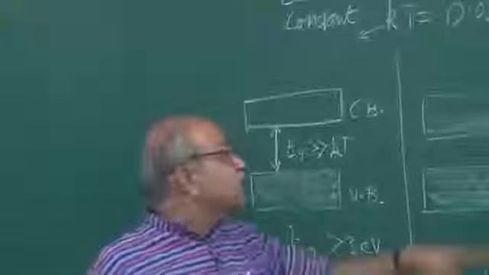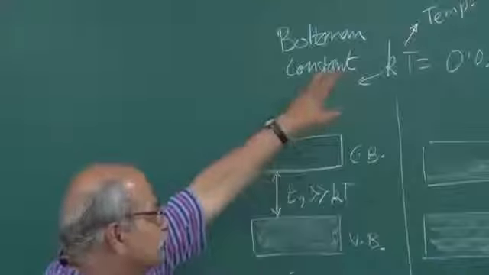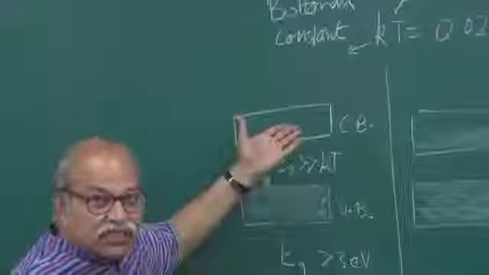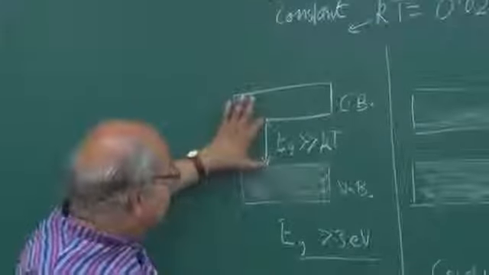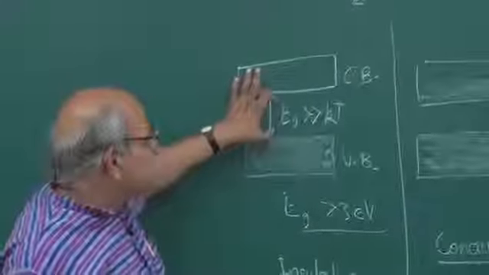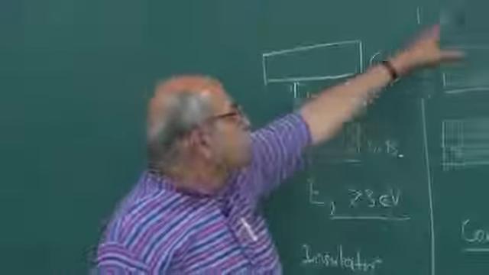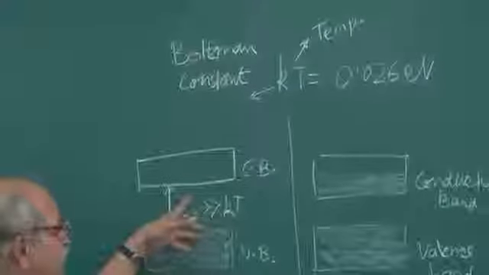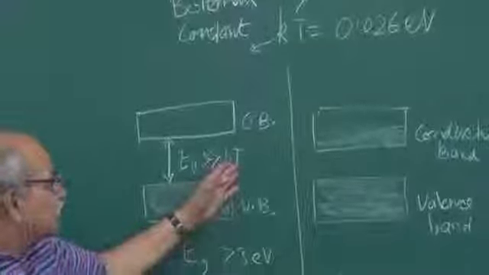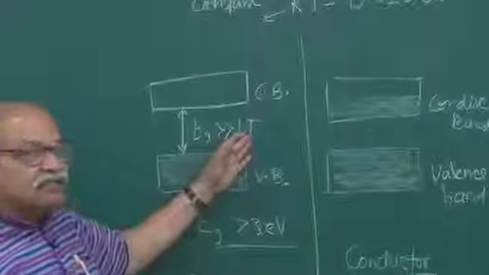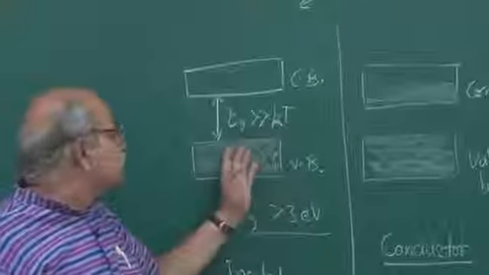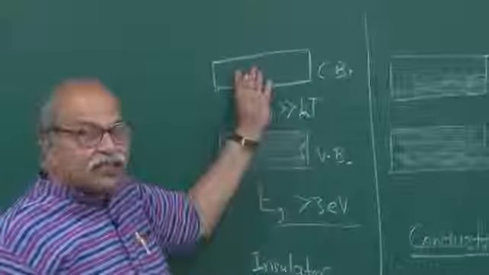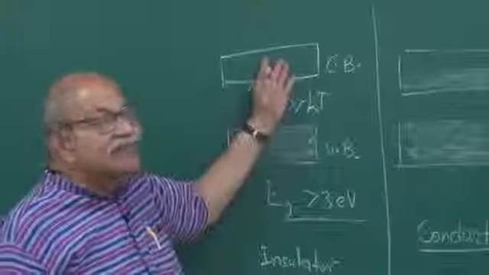So the average is this, but you do have some events in which the thermal energy can be much larger. But if this gap is very large, 100 times kT, that will be 2.6 eV, 100 times, 200 times, 300 times, then even at room temperature, through thermal interactions, there is a negligible chance that electrons will accept those thermal energies and go to the conduction band, and therefore it still remains empty.